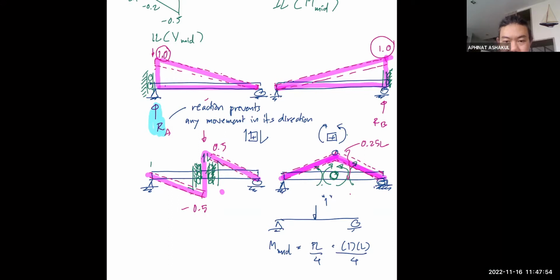By that, I mean the direction of the reaction. So the word restraint means preventing any movement in its direction. Okay. So when I want to remove the restraint of the reaction, it means that I will allow the reaction to move in its direction. And the only way that I can allow the reaction to move in its direction is just by adding a roller.